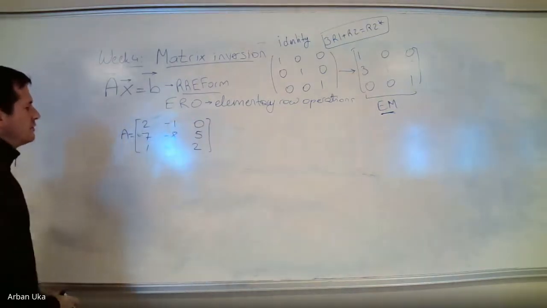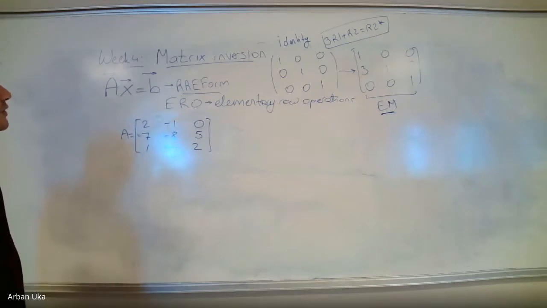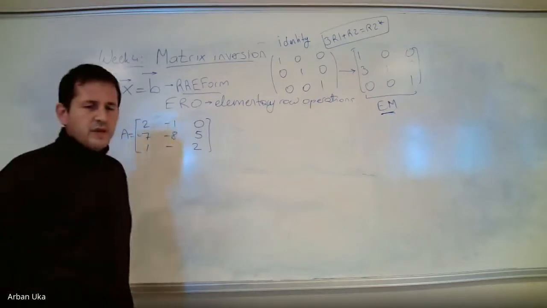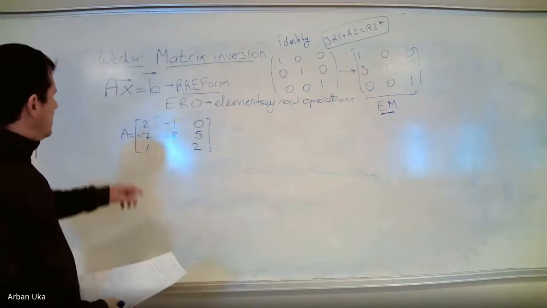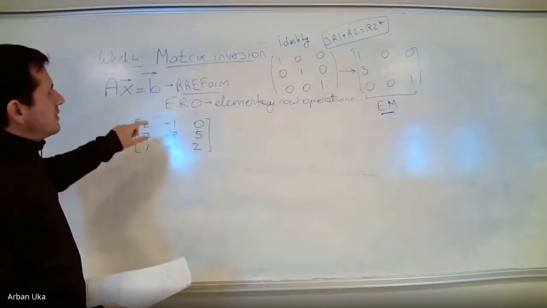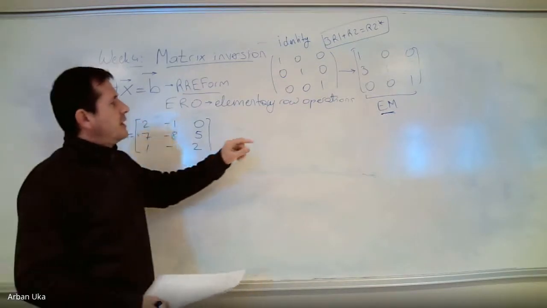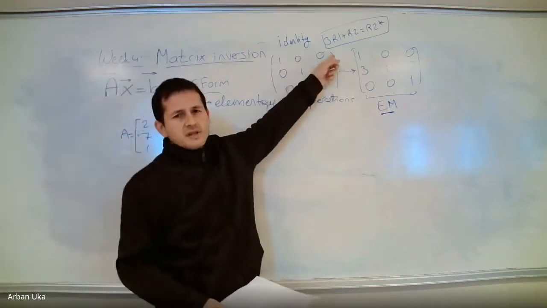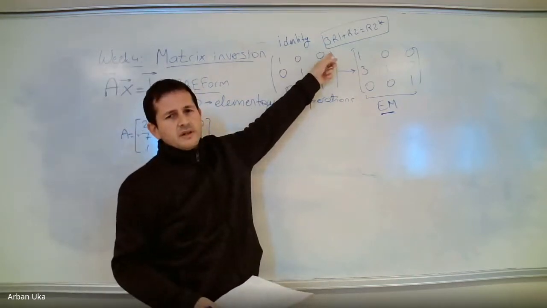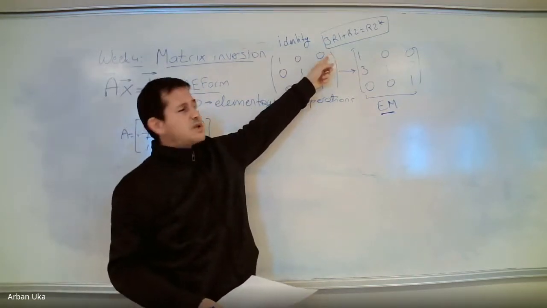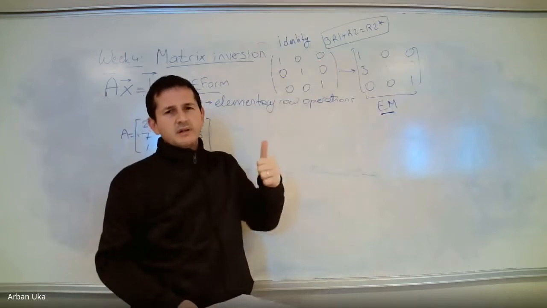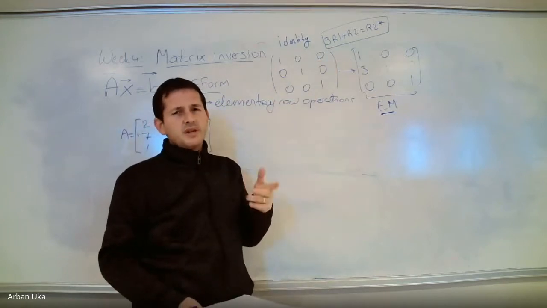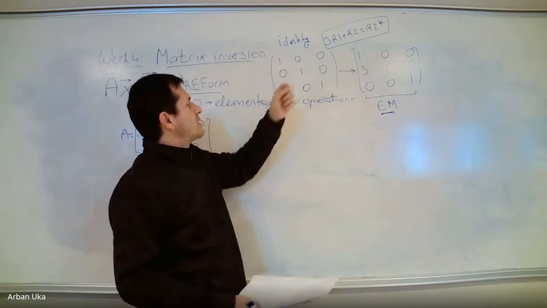With elementary matrices, we mean a description in matrix form of such an operation. We said that there are 3 types of elementary row operations: we multiply a row with a constant, we exchange 2 rows, and we use this operation.